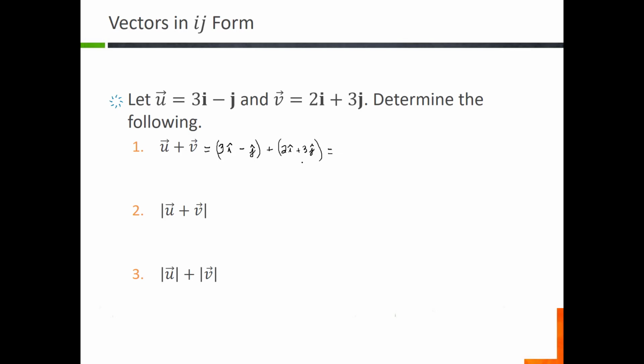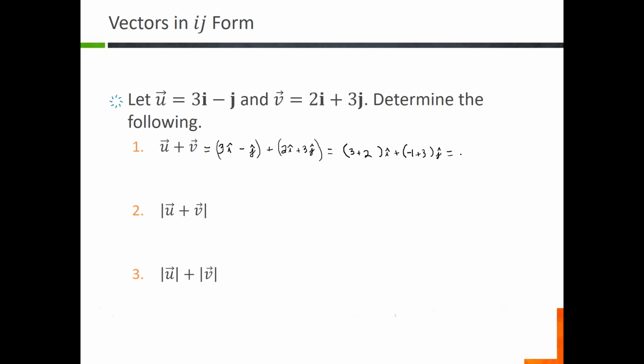And so remember, when you add vectors, we are going to add their components. So let's first do the i components. So for i, we have a 3 and we have a 2. So 3 plus 2i. Plus, and then we have our j components, and for j we have a minus 1 because it was minus j over here for vector u, and then we have a plus 3 for vector v.